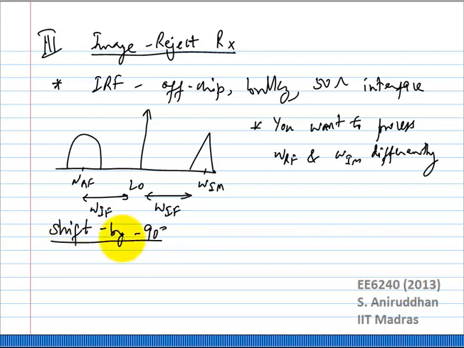So for example, I have x of t equals sin omega t. I want to make this into minus cos omega t to shift it by 90 degrees, right? Have you people heard of the Hilbert transform, right?